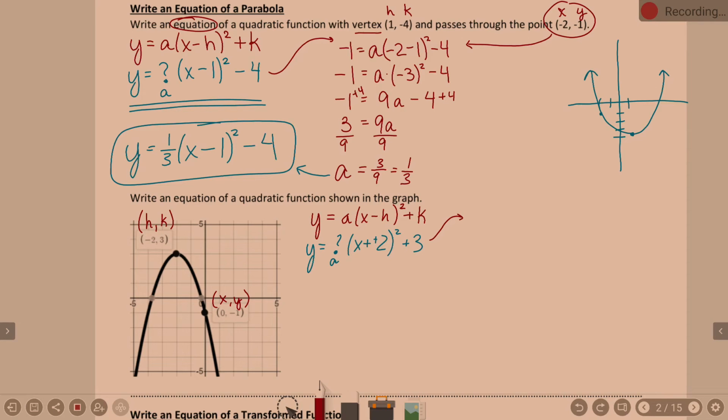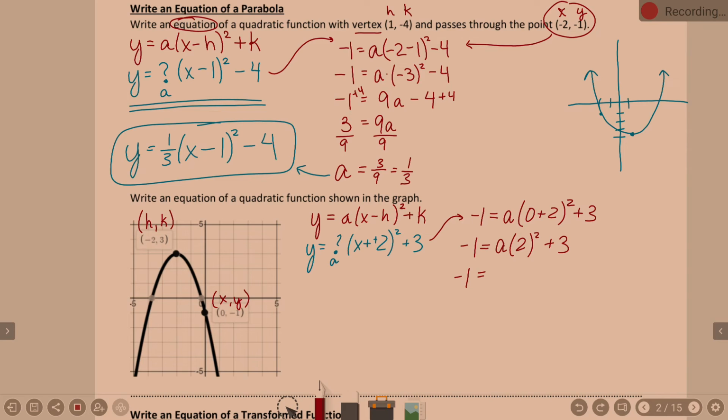So plug them in. Y equals, so I'm going to say -1 equals a. Okay, and for x minus h, so 0 minus -2, so 0 plus 2 squared plus k, plus 3. Okay, 0 plus 2, 2. So -1 equals a times 2 squared plus 3. 2 squared? 4.